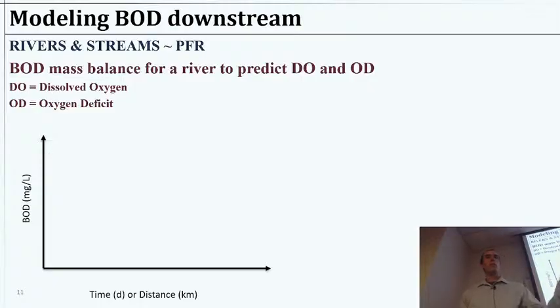We add it to the river, our waste stream. Hopefully it's decently treated, but it's usually going to be at least somewhat elevated. Well, initially, we have some starting amount. And let's draw that right here. So this would be kind of an initial BOD.